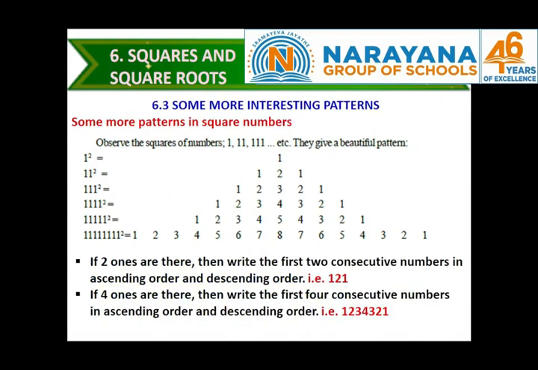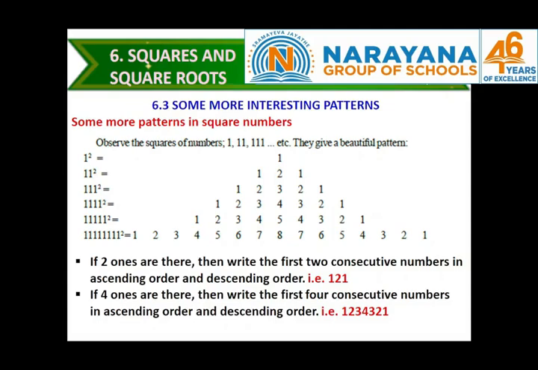Some more interesting patterns follow a rule, where without finding the actual perfect squares, sometimes we are able to write the answer by a rule. See, 1 square is equal to 1, 11 square is equal to 121, 111 square is equal to 12321. What pattern is followed here?